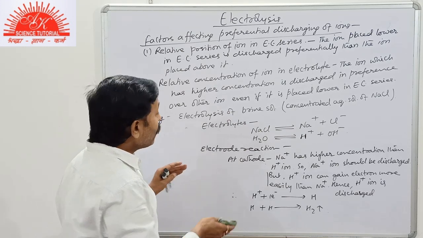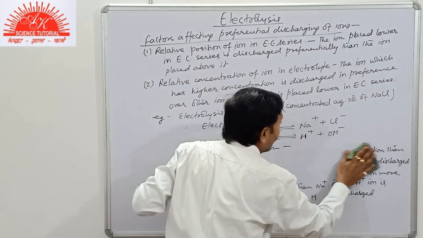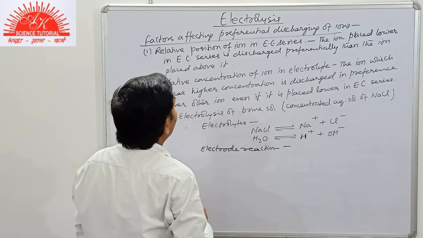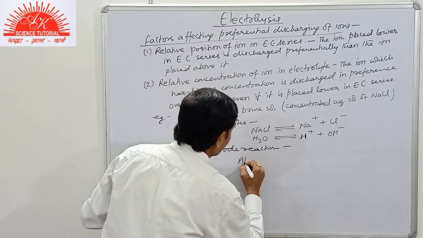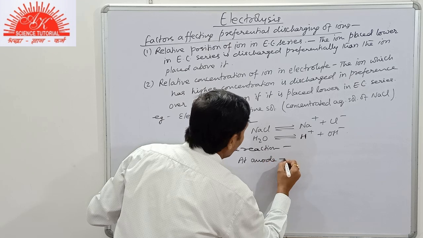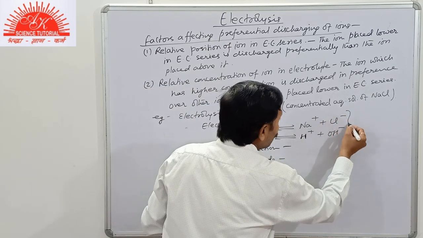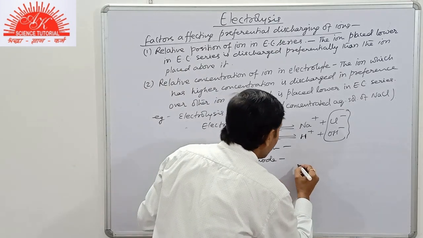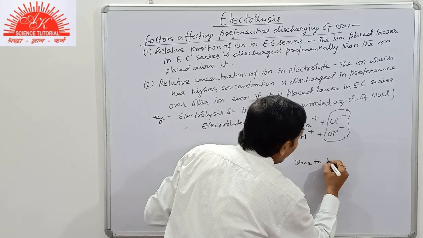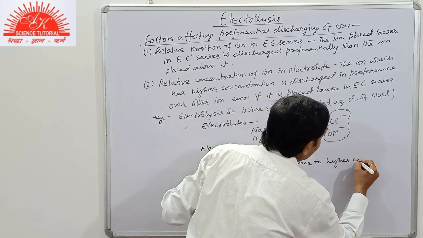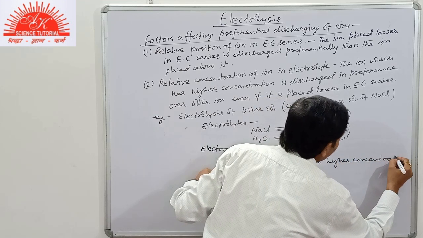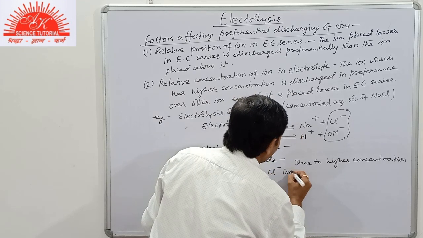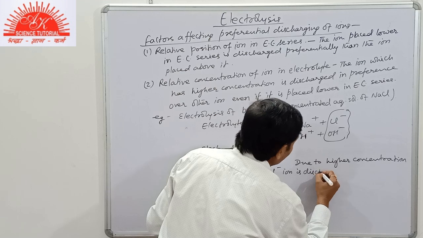And now the reaction at anode. Now you see the two ions migrate towards anode, but here due to higher concentration, Cl minus ion is discharged.